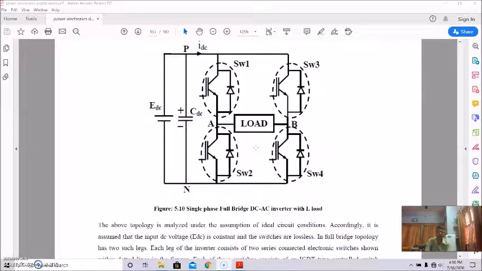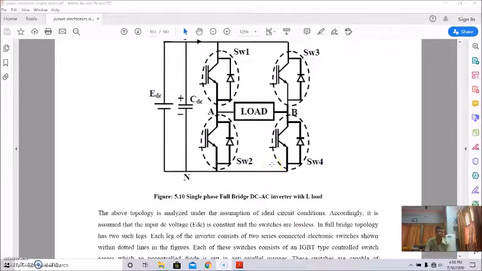This is the power circuit for the single phase full bridge DC to AC inverter with inductive load. This topology is analyzed under the assumption of ideal circuit conditions, and accordingly it is assumed that the input DC voltage is constant and the switches are lossless.